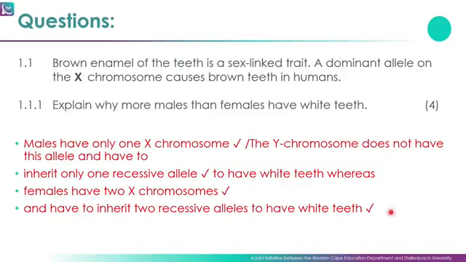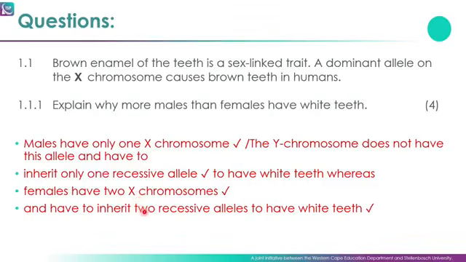If we look at this question, remember that the males have only one X chromosome, and therefore if they inherit only one recessive allele, that characteristic will be visible in the phenotype, whereas females have two X chromosomes.